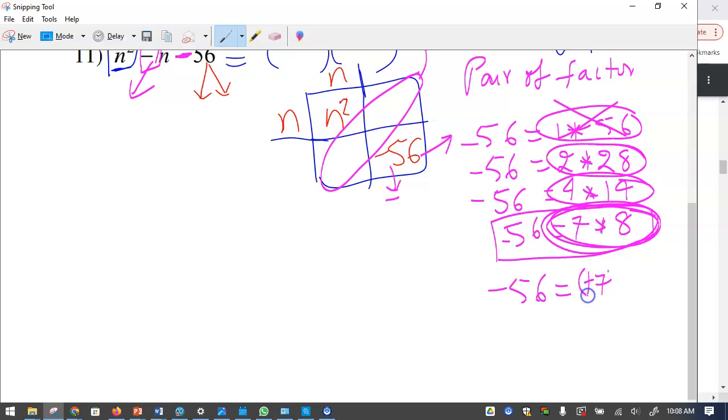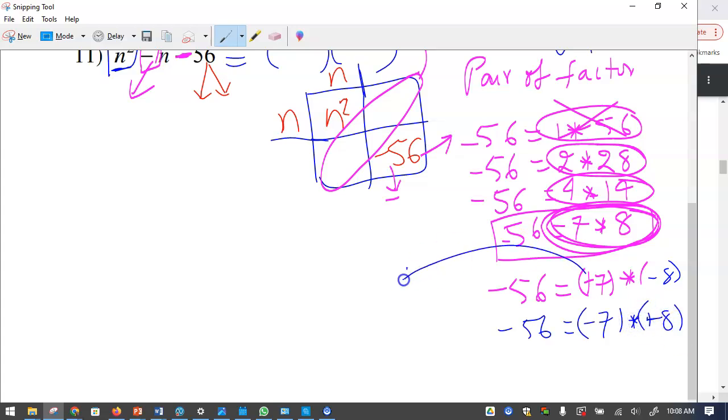So the question is, is it going to be plus 7 and minus 8, or is it going to be minus 7 and plus 8? Which one do we have to pick? We need to check whether you get minus 1.